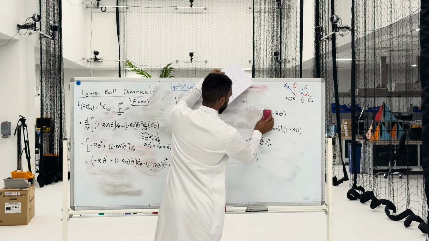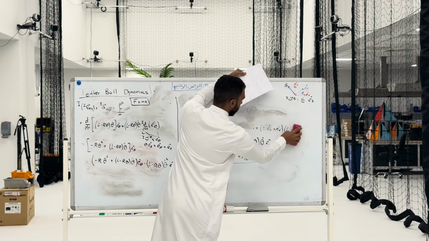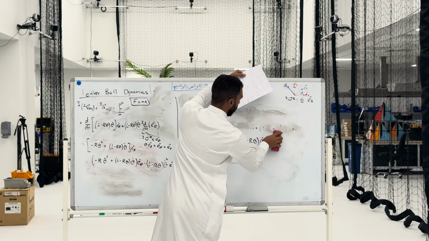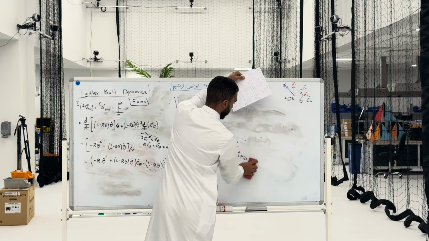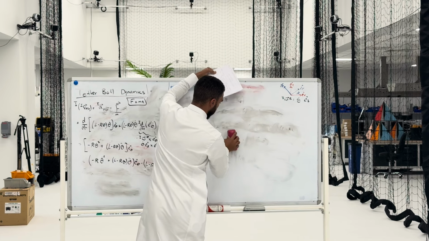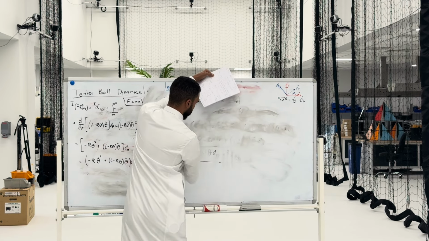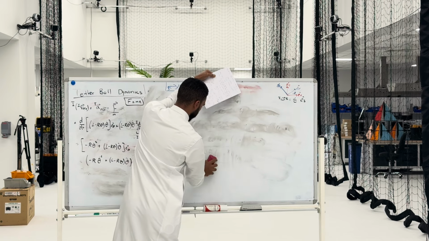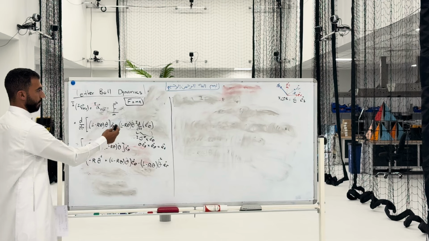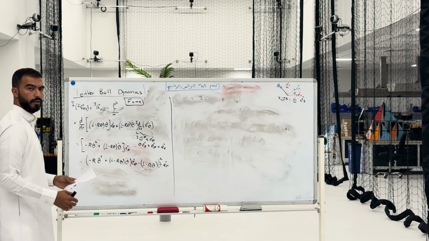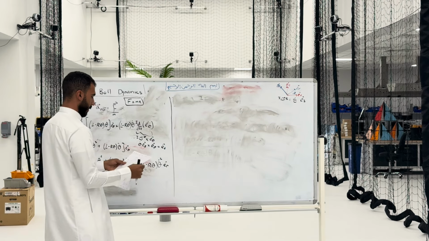Any idea how to proceed, guys? What do you want to do? We want to get theta as a function of time. So after getting the acceleration, what can we use to relate the forces? Newton's second law, right?